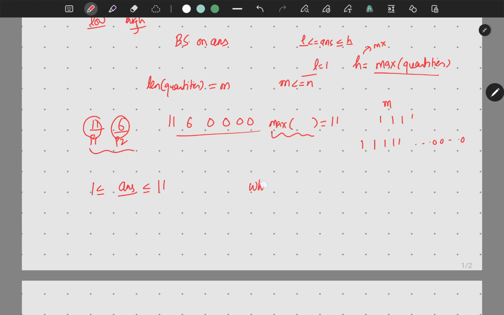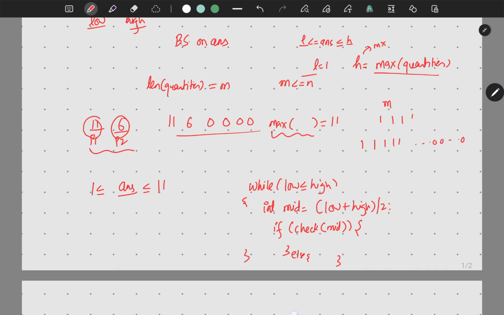We are doing while low is less than equals to high, we are finding the mid value, low plus high by 2, and now we are checking if this answer is possible or not. If mid is possible, then we will do something, otherwise we will do something.